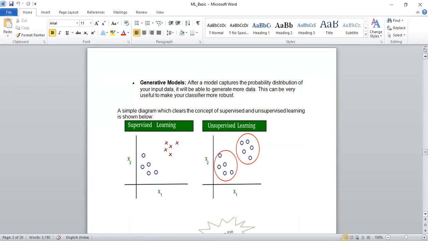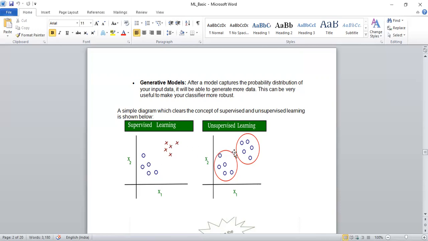So a simple diagram which clearly lets you know the concept of supervised and unsupervised learning is shown here. Look, this is supervised learning, and these are labeled: this is circle labeled, this is cross labeled.